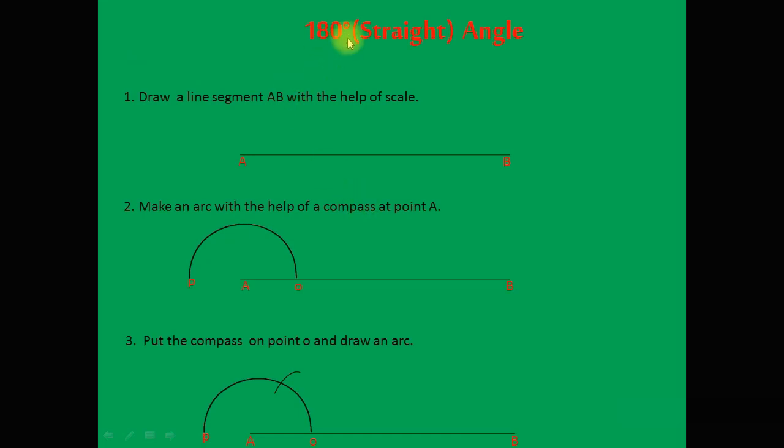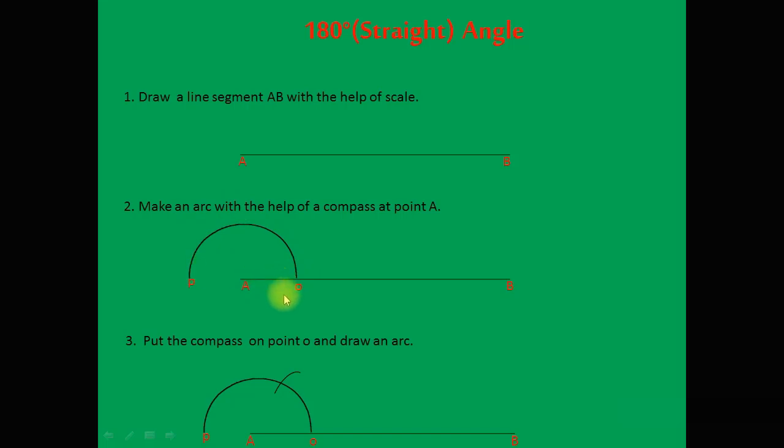Now to draw an angle of 180 degrees, which is called a straight angle, first of all draw a line segment AB with the help of a scale. Then make an arc with the compass at this point A. Open your compass to a radius of, suppose, 1 centimeter or 2 centimeters, put the compass at this point A and draw an arc.